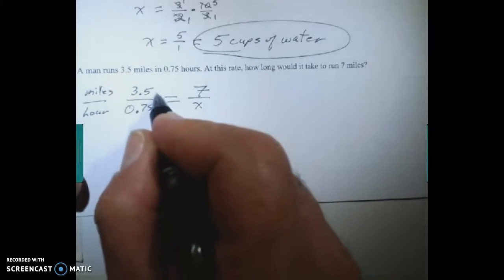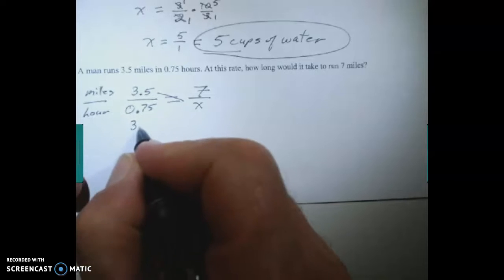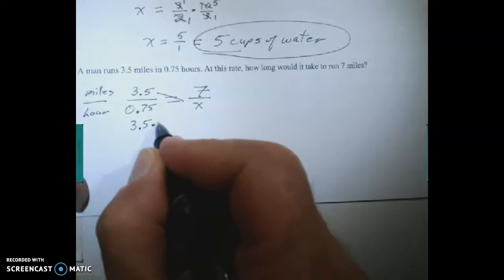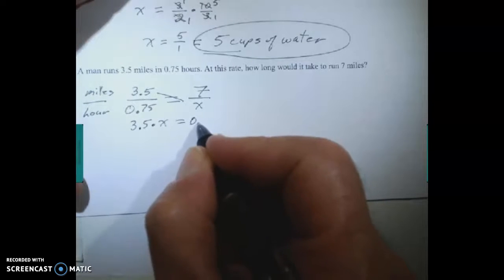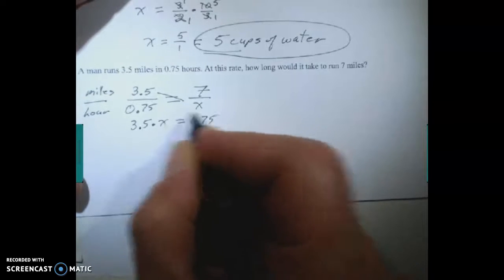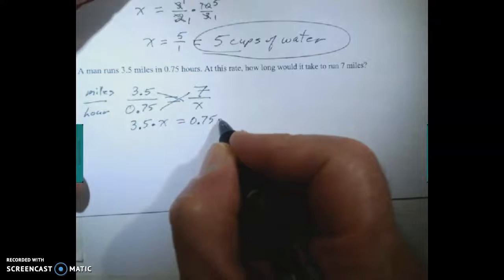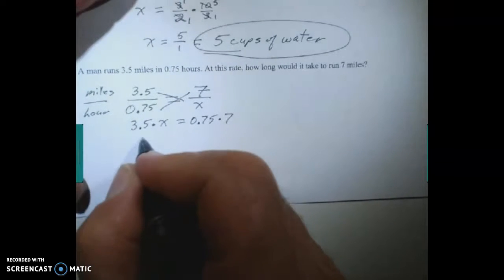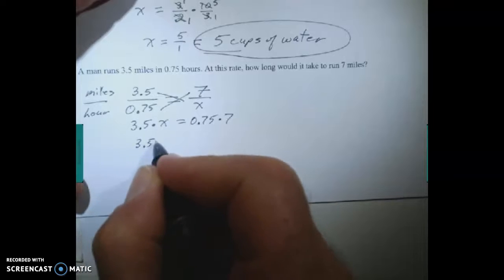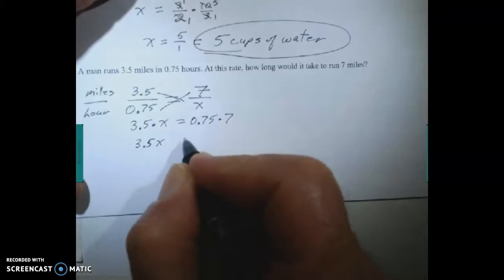Cross multiplying. This is going to be 3.5 times X is going to equal 75 hundredths times the 7. Those two are going to be equal. Do the math. This is 3.5x. Simplify that just a little bit.